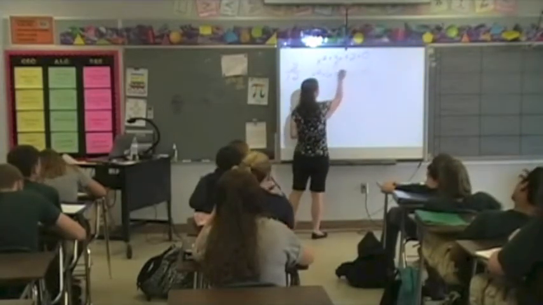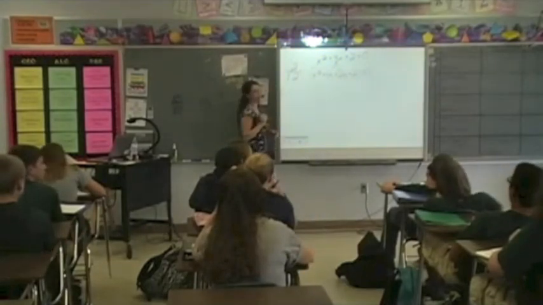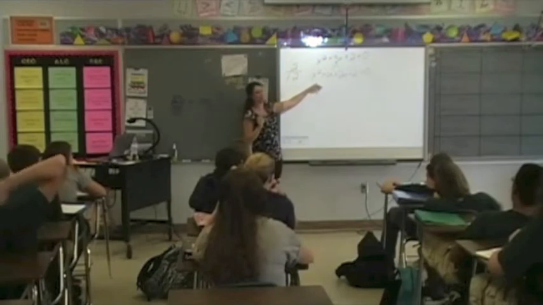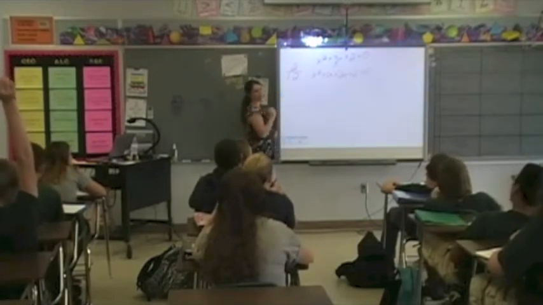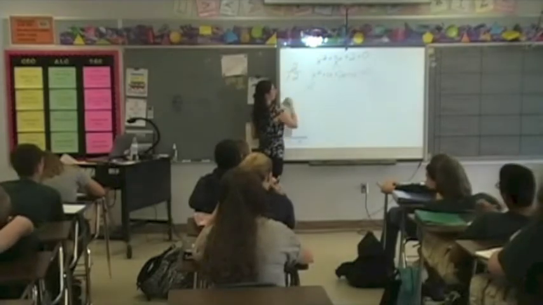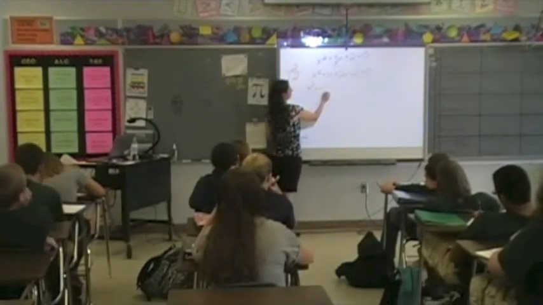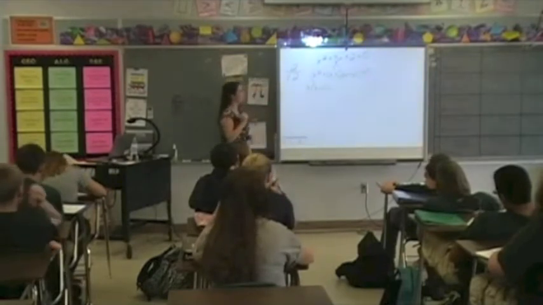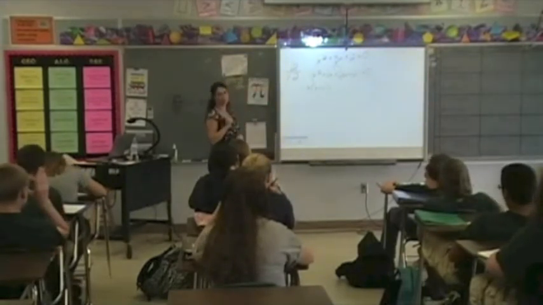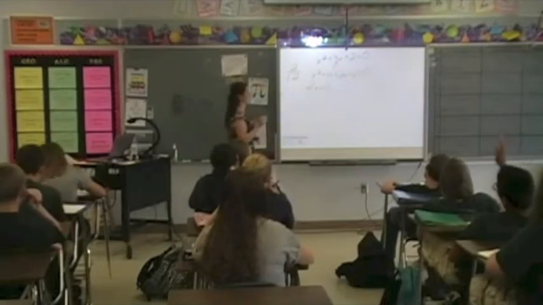So I'm going to do my invisible parentheses. And Connor, what would my GCF be of this first term? X. And what would I have left inside? X plus 1. And what would my GCF be of this second one, Lucas? 2.